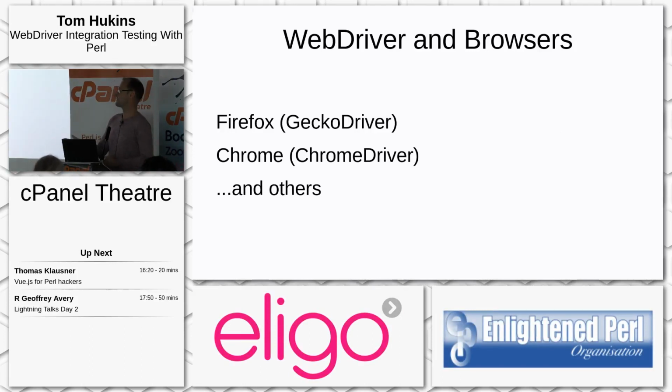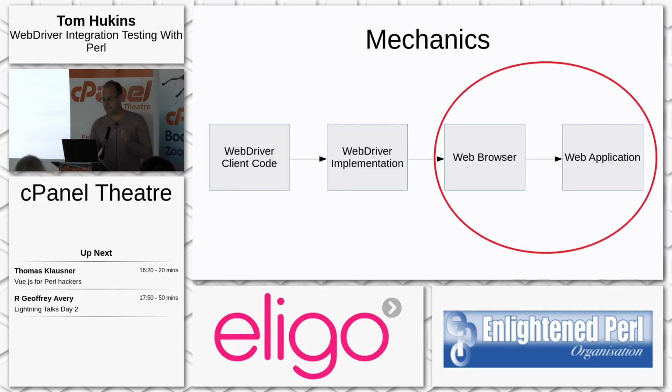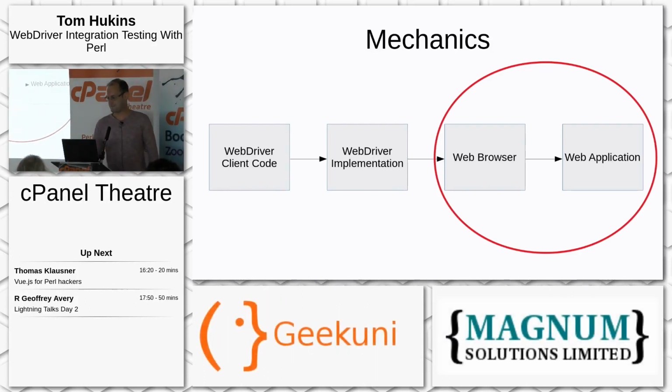And of course, if you want to be old school, Selenium still exists, so you can still use Selenium too. And basically, the last part in this is that your web browser talks to your web application. And this is exactly the same as a user sitting in front of the web browser using the web server. So this is basically the real world. Only your users probably don't type as fast as your test code.